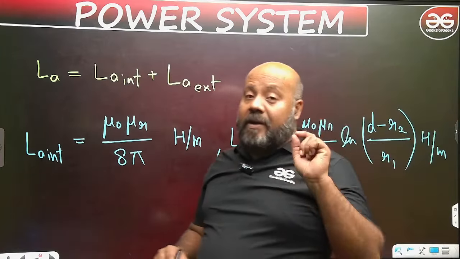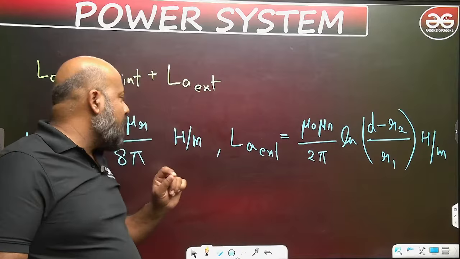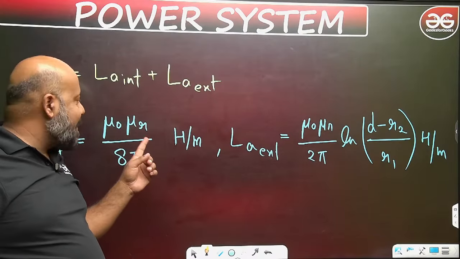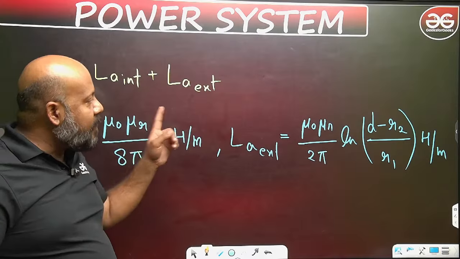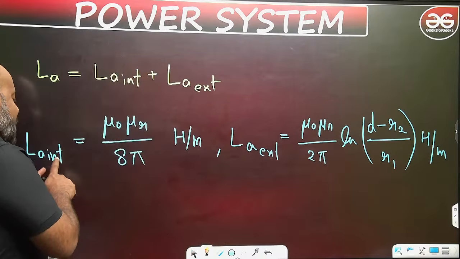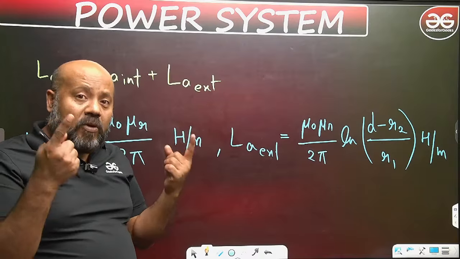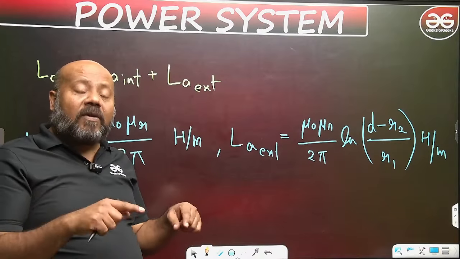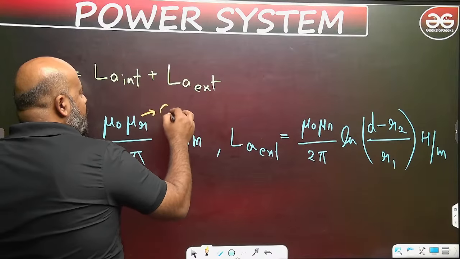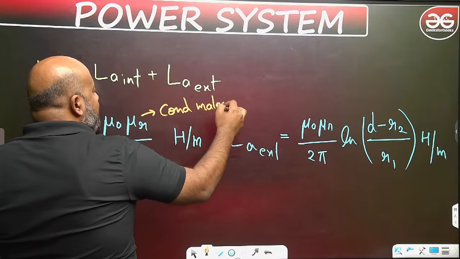There is one important thing that you have to understand, and a lot of people make mistakes in this. When I am writing mu r, relative permeability, this relative permeability is different from this relative permeability. When I am talking about the internal flux linkage, I am inside the conductor, so this mu r is the mu r of the conductor material.